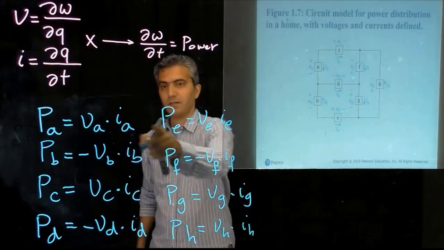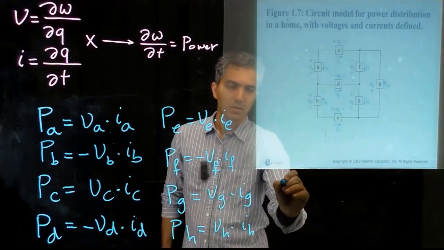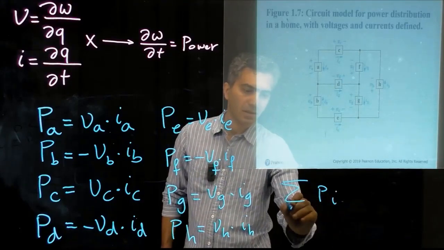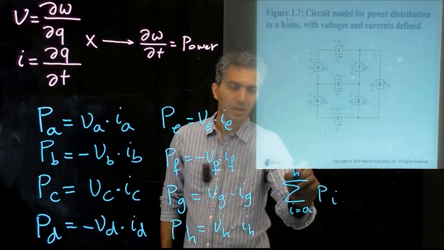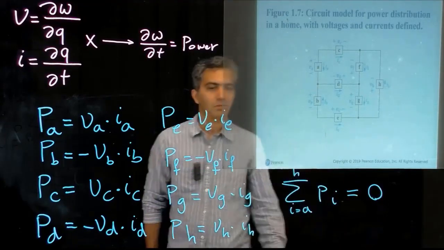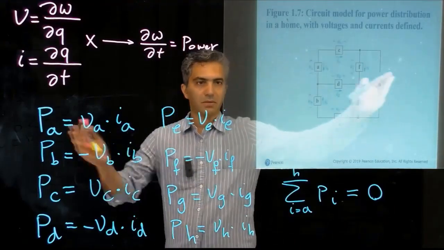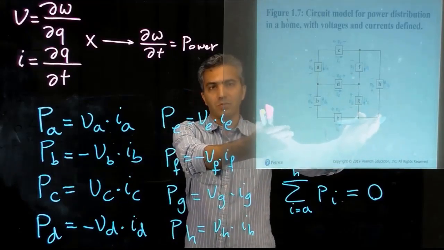Now, if I take all of these and add them to each other, so sigma P i going from A to H, this has to be equal to 0. Why? Because this system is isolated from the outside. There is no electrical connection between these components and outside.